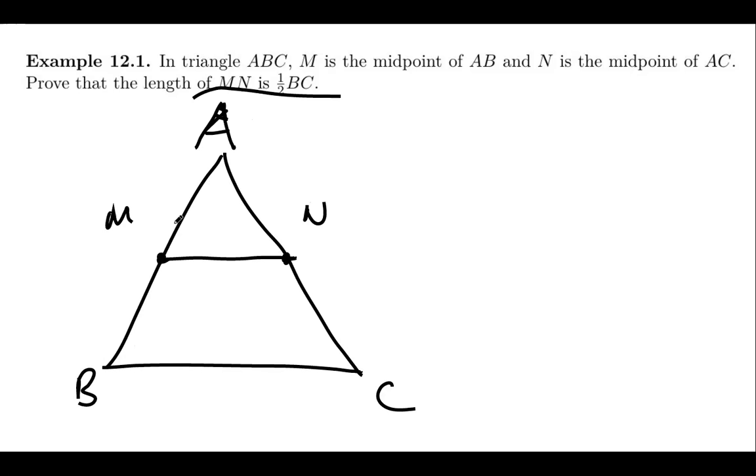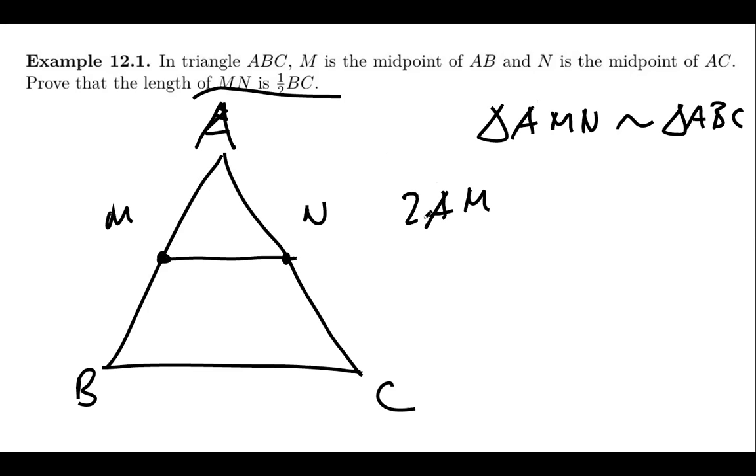Okay, so first, we can notice that triangle AMN is similar to triangle ABC. And furthermore, since M is the midpoint, twice of AM will be AB.